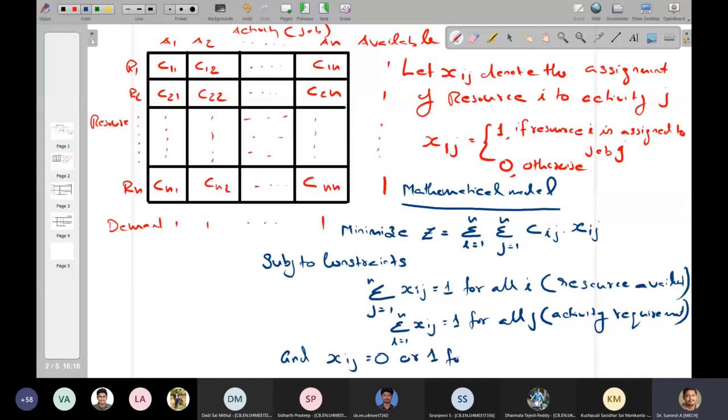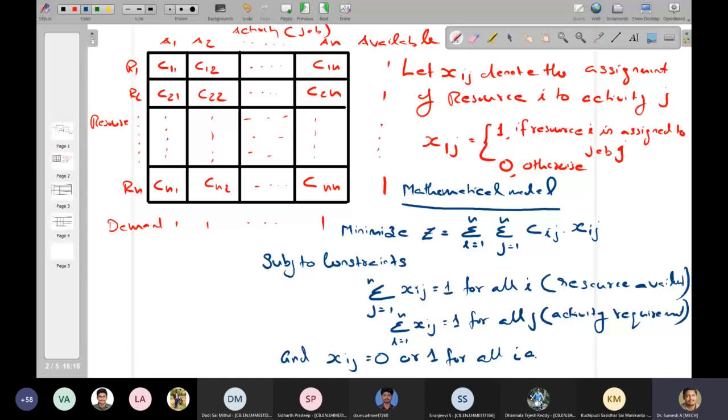So the mathematical model is a minimization model: minimize z equals summation of i equal 1 to n, summation of j equal 1 to n Cij into Xij. Wherever Xij equals 1, there only the Cij you need to take into account.